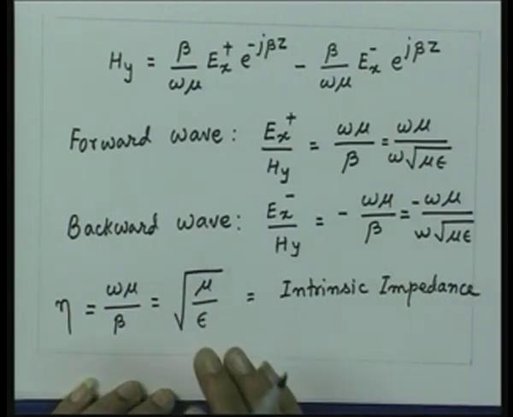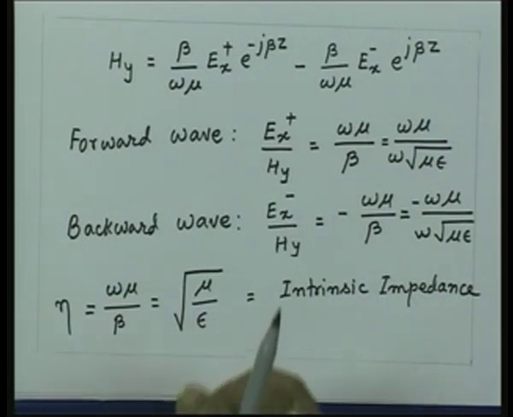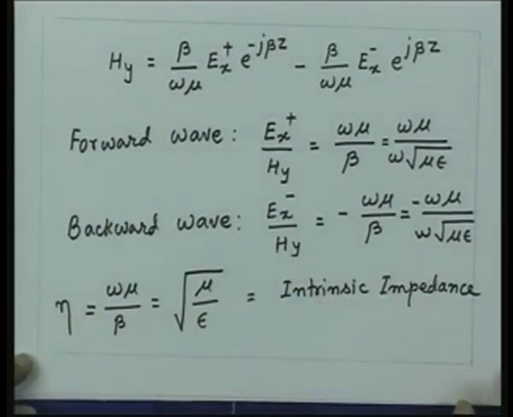And this quantity plays the same role in this 3-dimensional propagation as the characteristic impedance used to play in 1-dimensional transmission line case. So, we have a characteristic impedance which is now decided by the medium parameters.